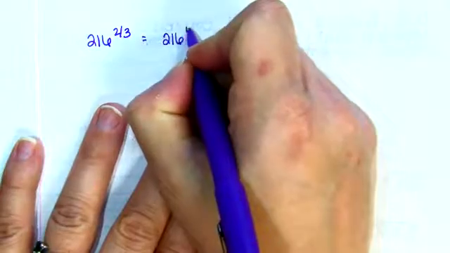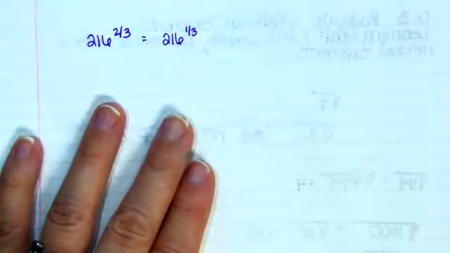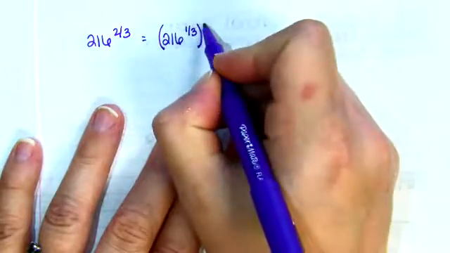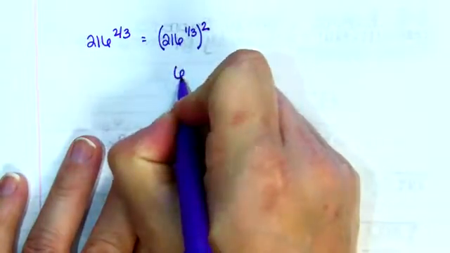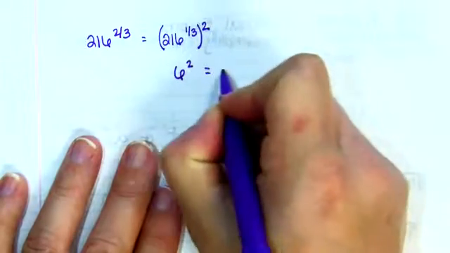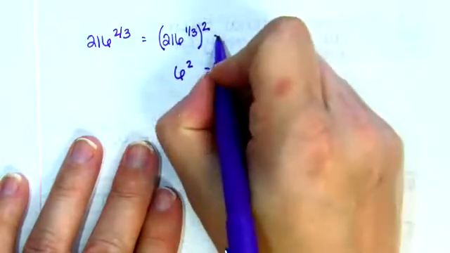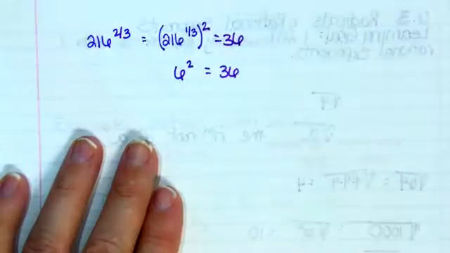So I'll do the 3rd root first. That takes care of the 3rd part. And then I square it, because 1/3 times 2 would give me 2/3. The cube root of 216 is 6, and I need to square that. So up here, I get 36 for my answer.